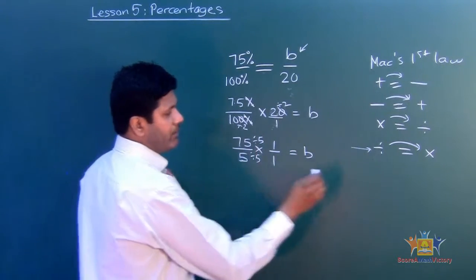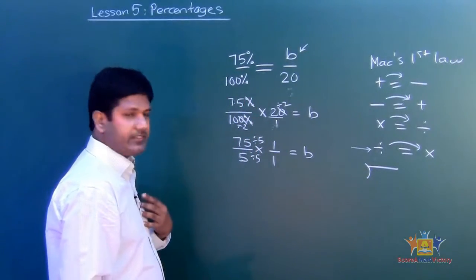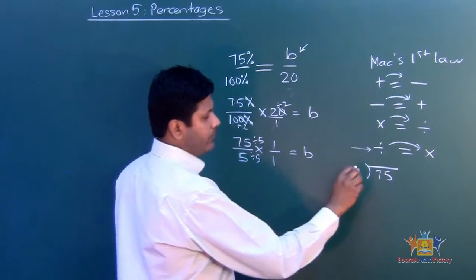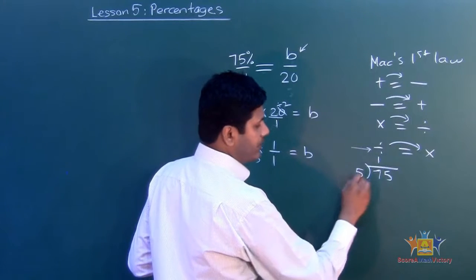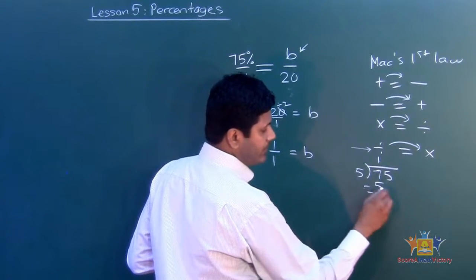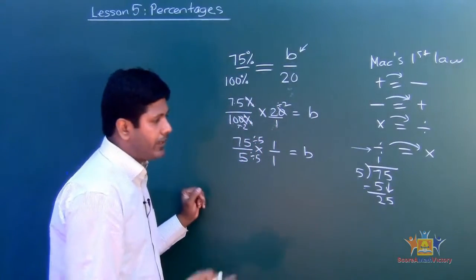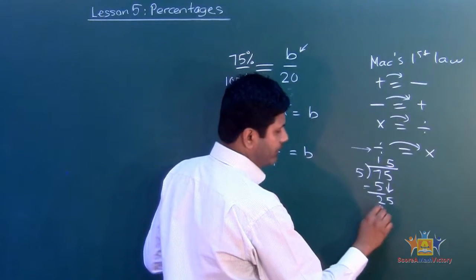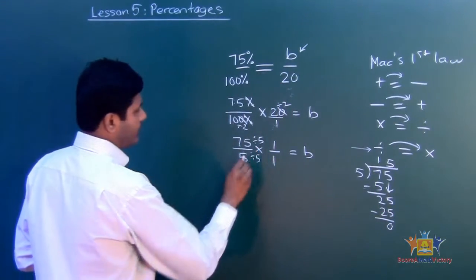So 75 divided by 5, I'm going to use the cage approach. 75 goes inside the cage, 5 goes outside the cage. In 7 there's 1. 1 times 5 is 5. 7 minus 5 is 2. Bring the 5 down, becomes 25. In 25 there's 5. So 5 times 5 is 25. Minus gives me 0. So this one becomes 15.